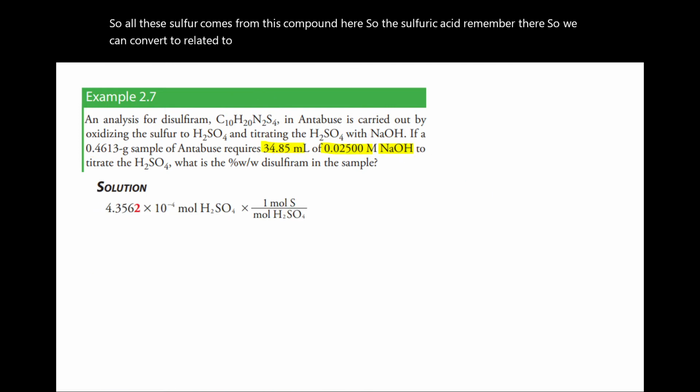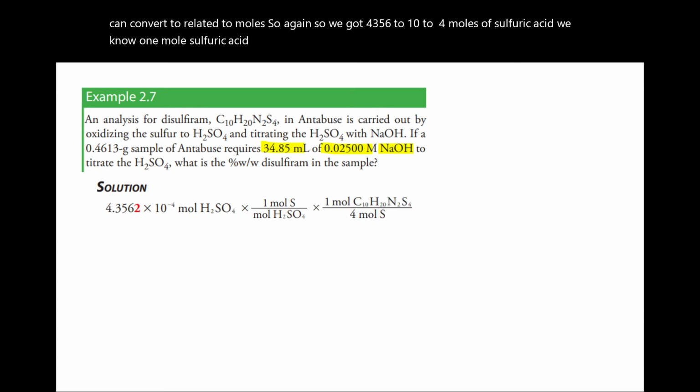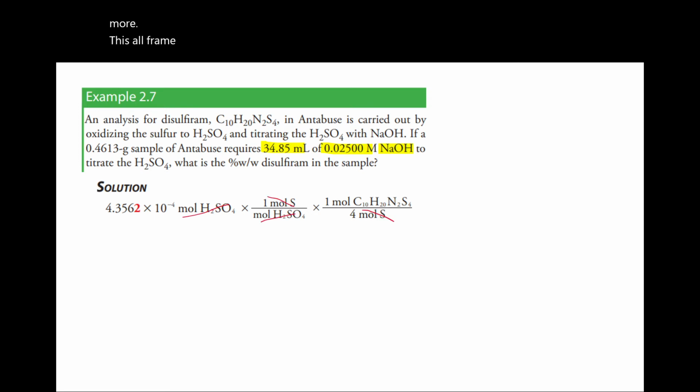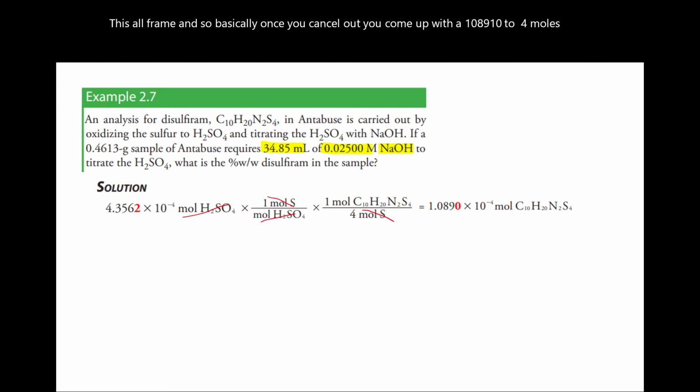We got 4.3562 × 10 to the negative 4 moles of sulfuric acid. We know 1 mole of sulfuric acid has 1 mole of sulfur, and 4 moles of sulfur come from 1 mole of disulfiram. So once you cancel out, you come up with 1.089 × 10 to the negative 4 moles of the disulfiram compound.